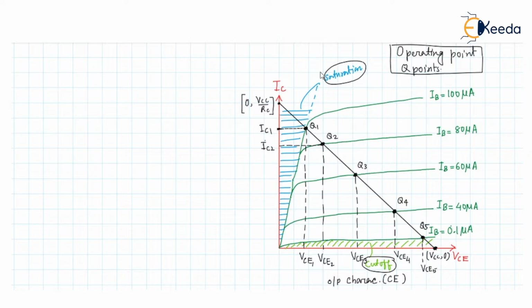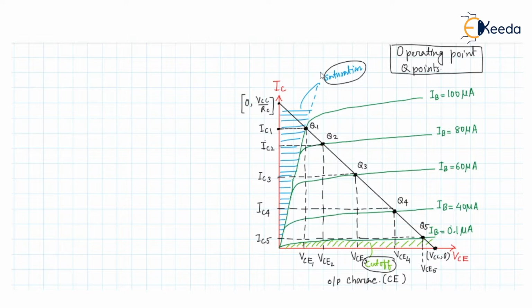For Q3 we find the IC value, similarly for Q4 we can have this IC, and for Q5 we can have the IC value as IC5.